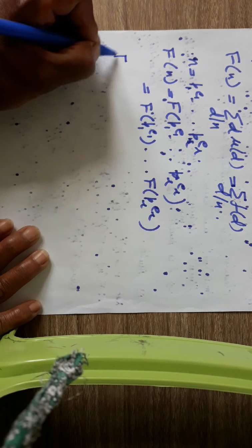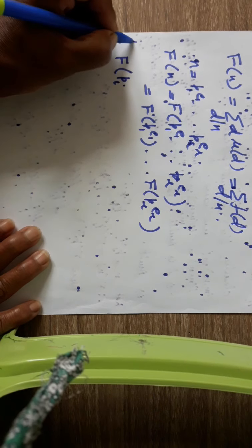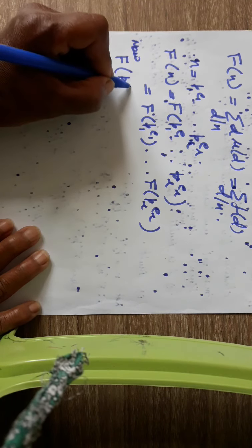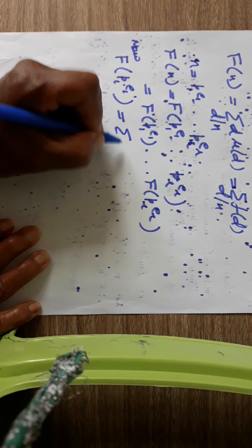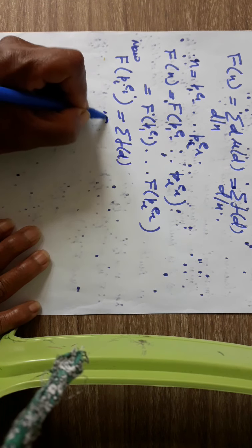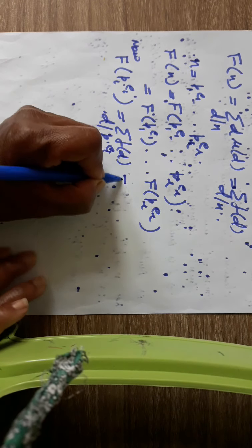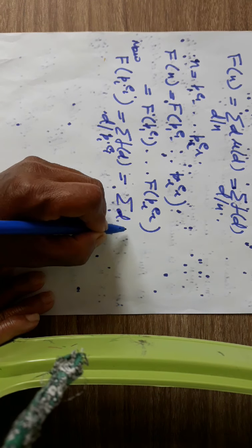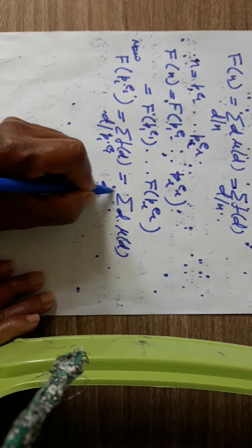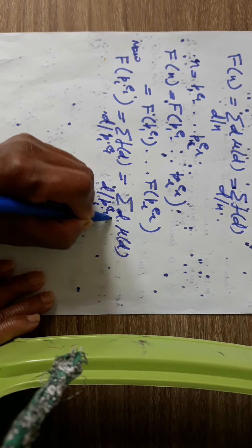So now let us find F of pi to the power ei, which is the summation of f of d, where d runs over the divisors of pi to the power ei, and this is nothing but the summation of d into mu of d, where d runs over the divisors of pi to the power ei.